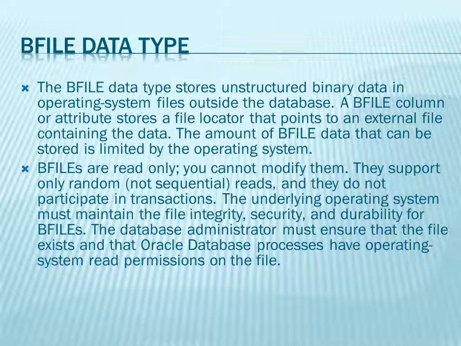The next data type is the BFILE data type. The BFILE data type stores unstructured binary data in operating system files outside the database. A BFILE column or attribute stores a file locator that points to an external file containing the data. The amount of BFILE data that can be stored is limited by the operating system. BFILEs are read only. You cannot modify them.